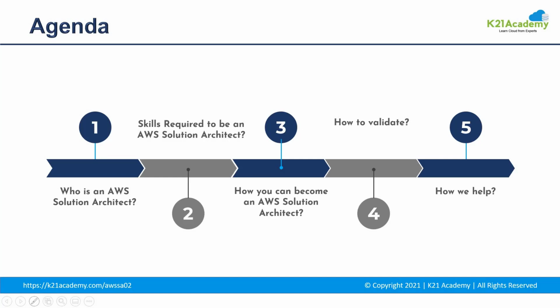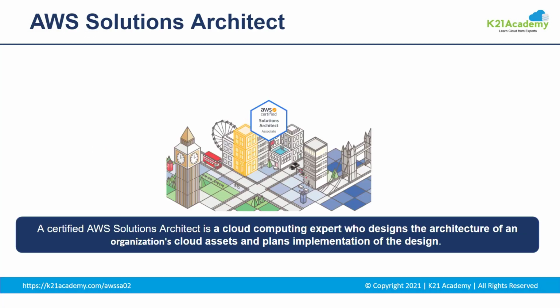So let's first start with who exactly is a solution architect. At a high level, an AWS solution architect's primary duty is to help deploy application infrastructure in the AWS cloud. Let's step back and look at why companies are moving to the cloud. Cutting cost is one of the main reasons, mainly because they don't have to invest in on-premises infrastructure. Sounds simple, right?